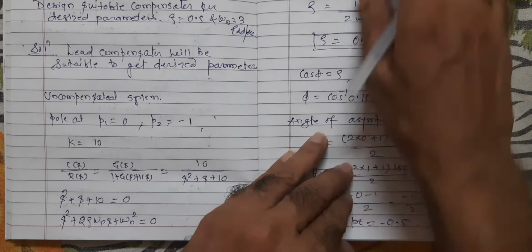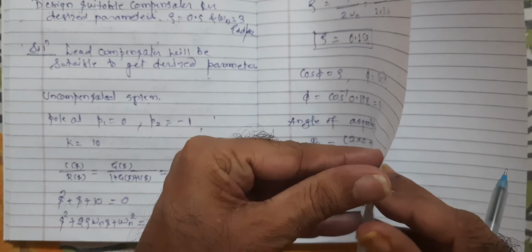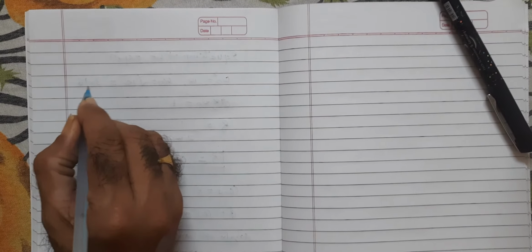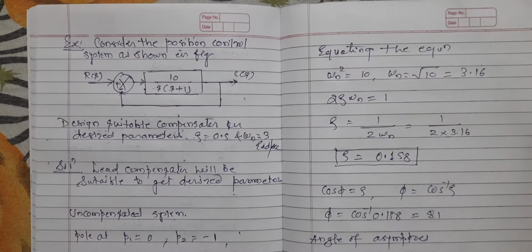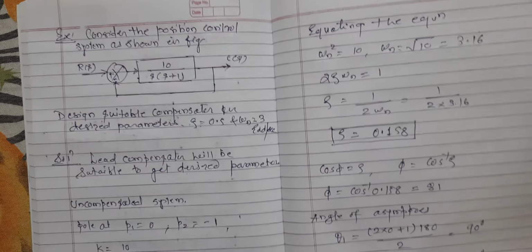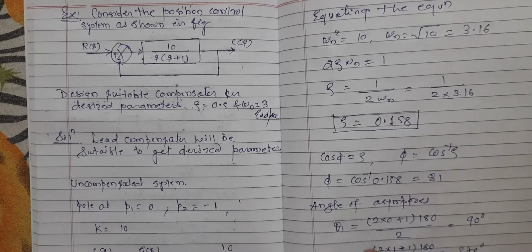Now see here, if we draw the root locus, it is like this. One pole is at the origin, and the second pole is at -1.